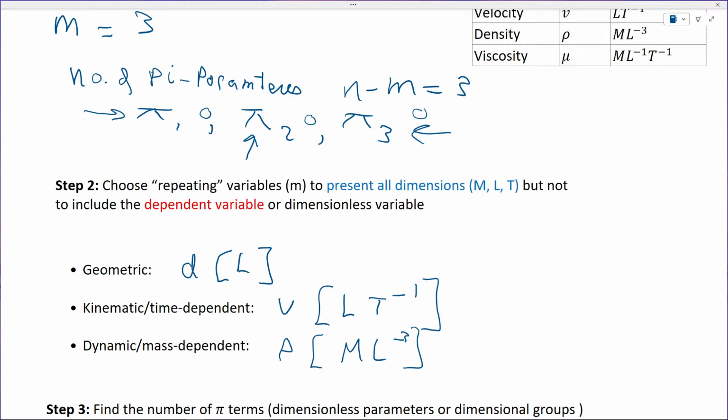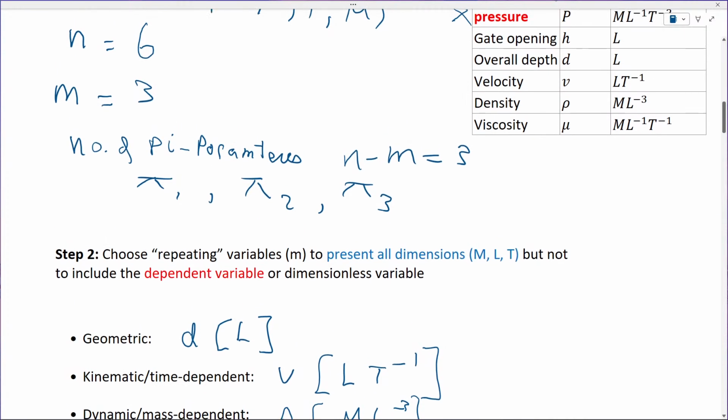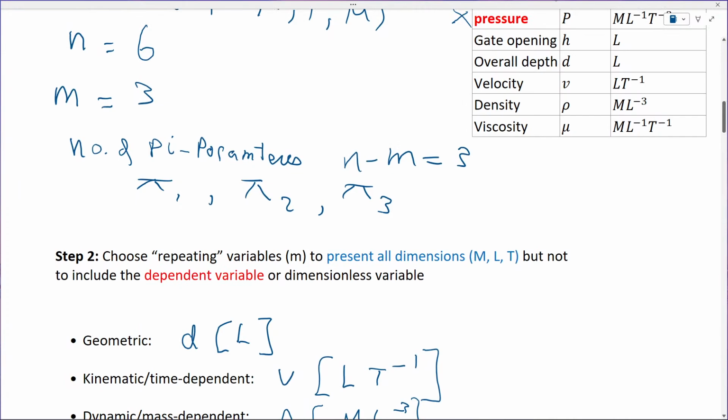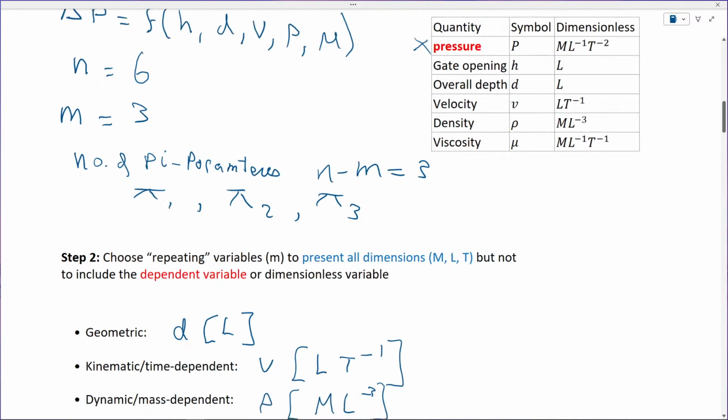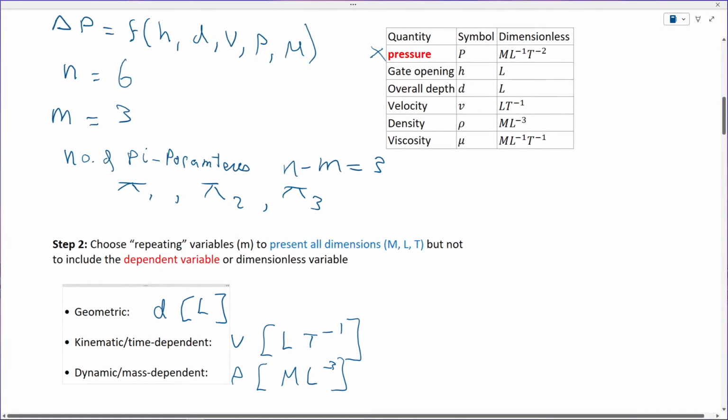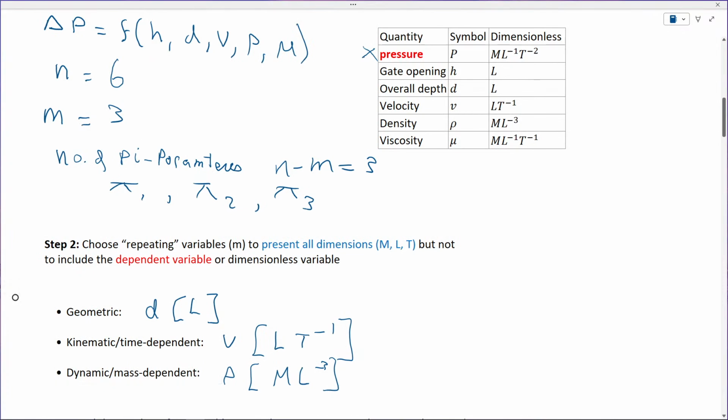So now I have chosen my repeating variables. These are the ones that will appear in each of these three pi's. So D, V, and rho will appear in each of these. And the remaining one is pressure. So basically pi 1 will have D, V, rho, and pressure.